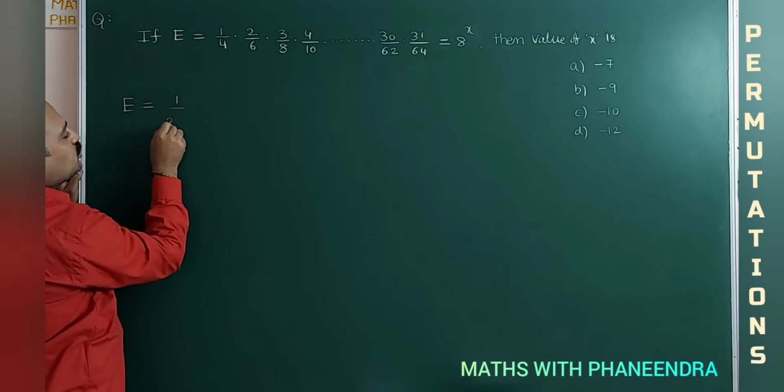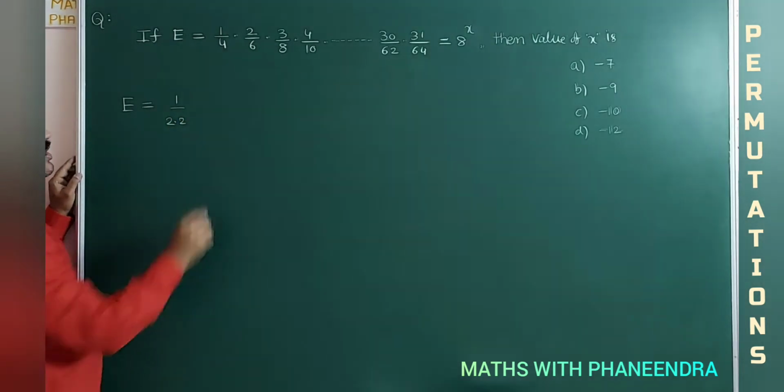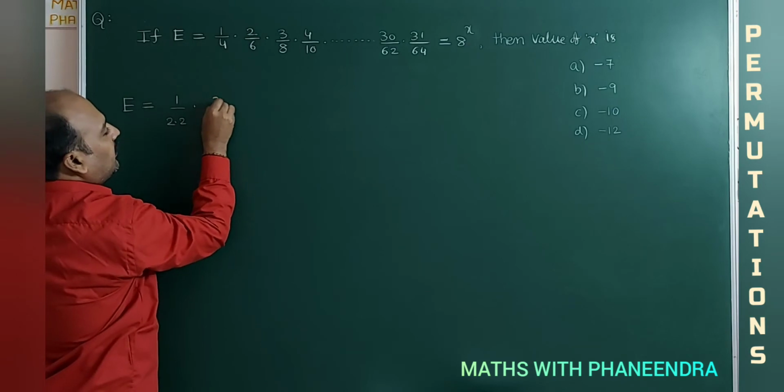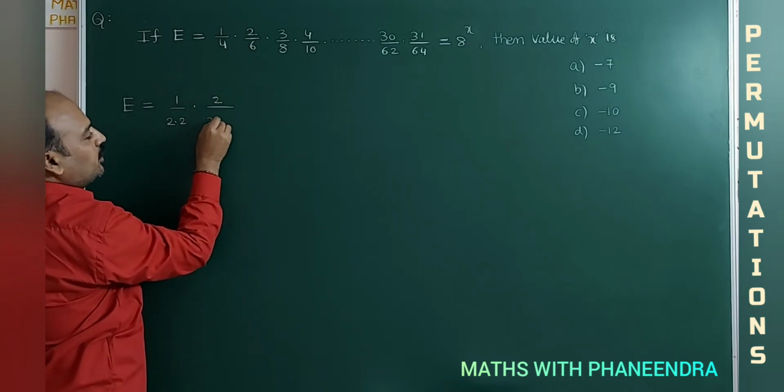Before that, 4 can be written as 2 × 2, 2/6 can be written as 2 × 3.